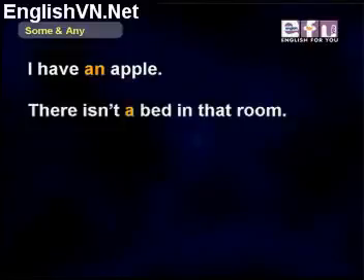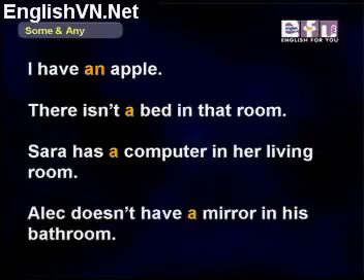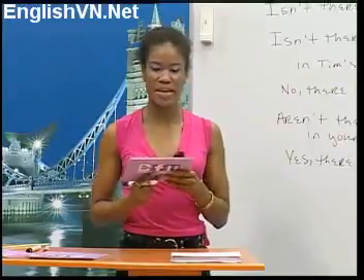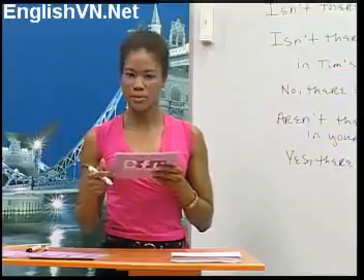There isn't a bed in that room. Next sentence. Sarah has a computer in her living room. Alec doesn't have a mirror in his bathroom. So you can see that the nouns apple, bed, computer, and mirror are count nouns.